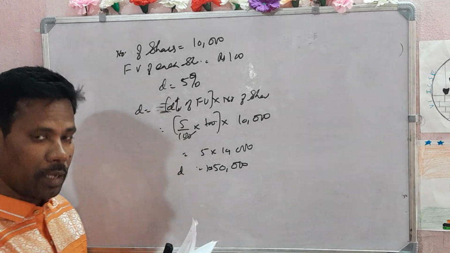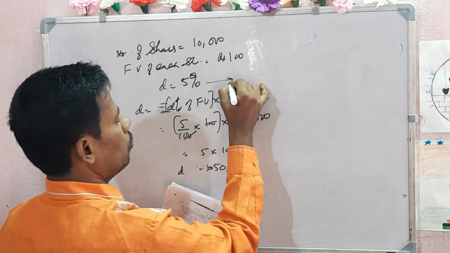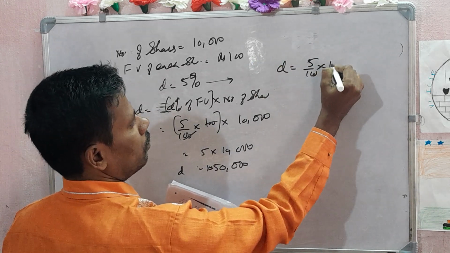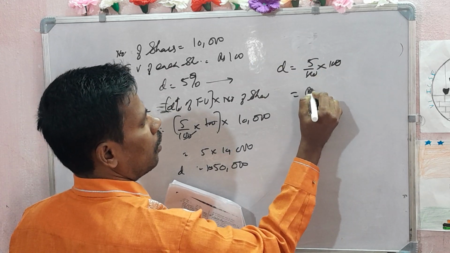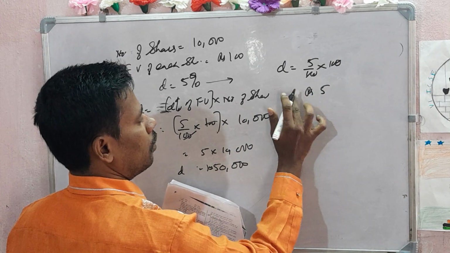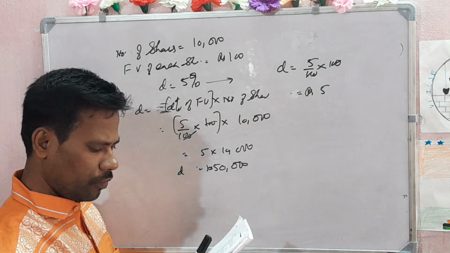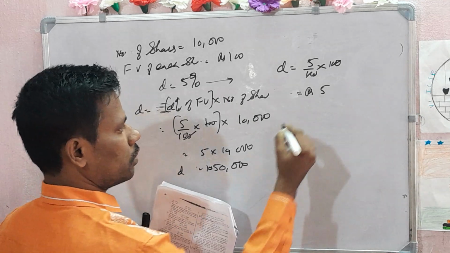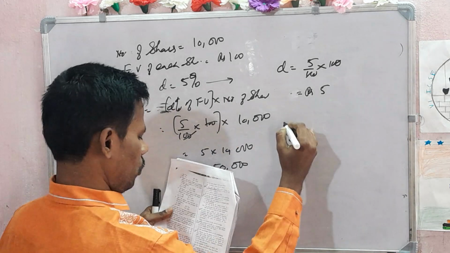What is the dividend given? 5%. What is the meaning of this? Dividend is equal to 5 by 100 into face value. Dividend is 5 per share. So the first bit is over.